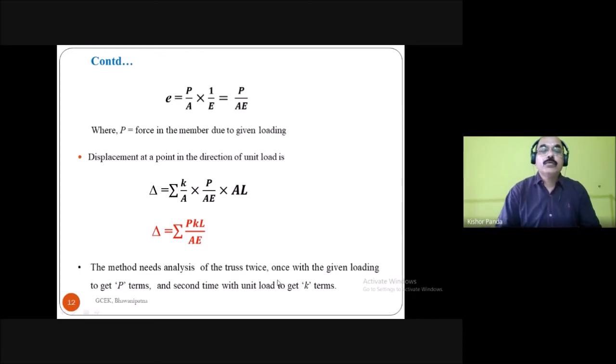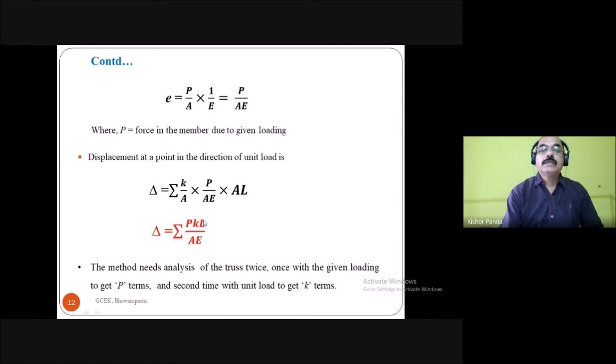So what you have to do in the analysis of the truss for deflection. The deflection at a point is equal to summation of P k L by A E. So here you have to find out P, the forces in the member due to the applied load, that is, the forces in the members due to the given loading.